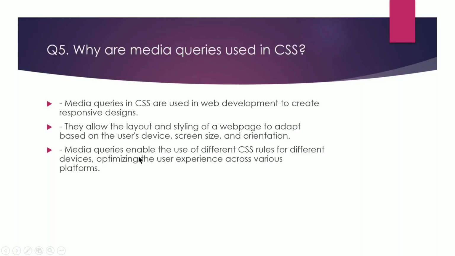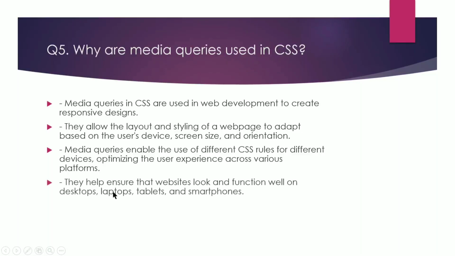As I told, my website could be opened on a laptop, tablet, or smartphone. So it should adapt according to the screen size and then show the user interface accordingly, so that the user interface is pleasing in all conditions. This is actually the main task of media queries.